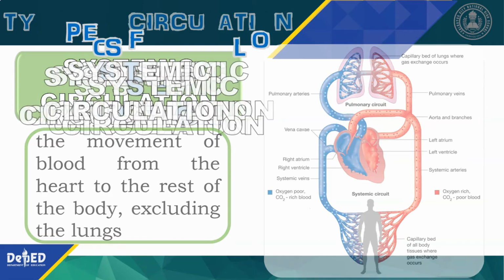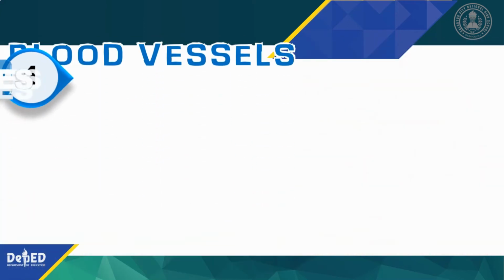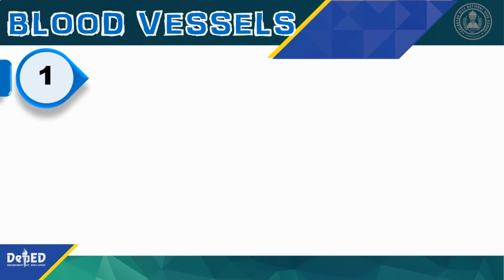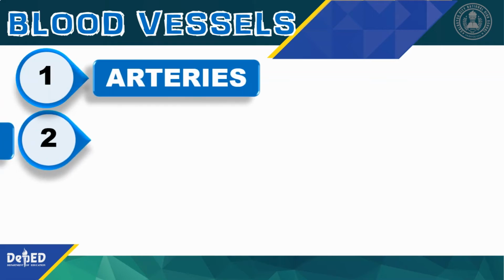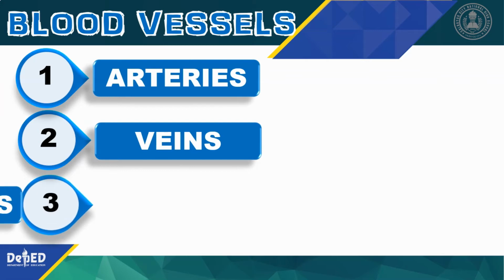Let us now proceed to the different types of blood vessels. Blood vessels are transport mechanisms that carry blood throughout the body. The circulatory system has three types of blood vessels, namely arteries, veins, and capillaries.